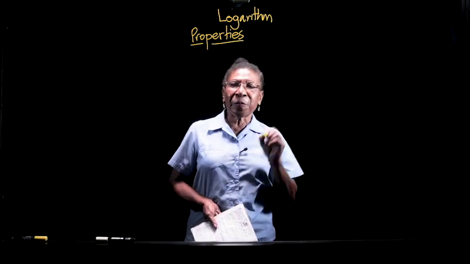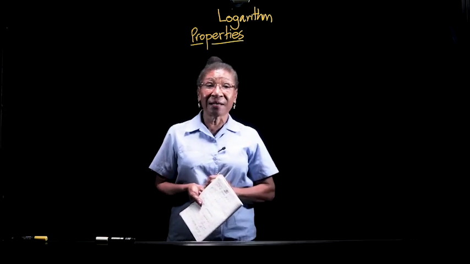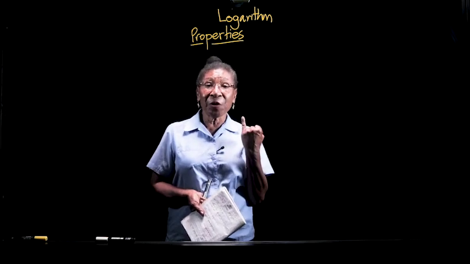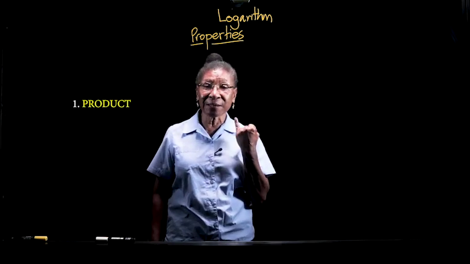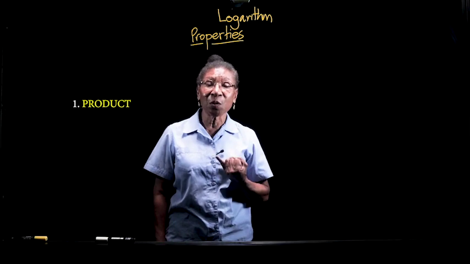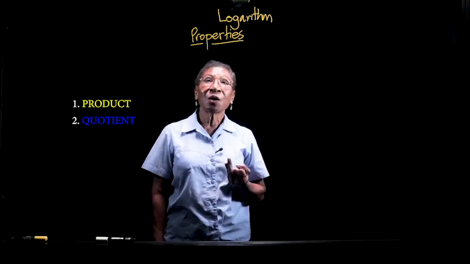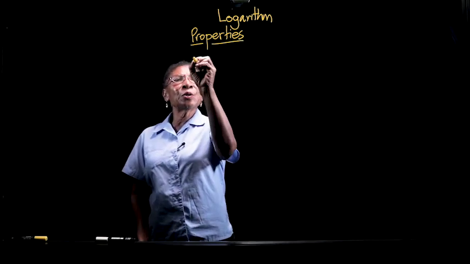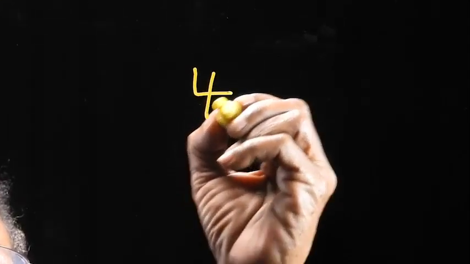There were three basic properties we looked at when I introduced that on properties. The first was the product property, the second was the quotient, and the third was the power. Let's continue on to the fourth property.